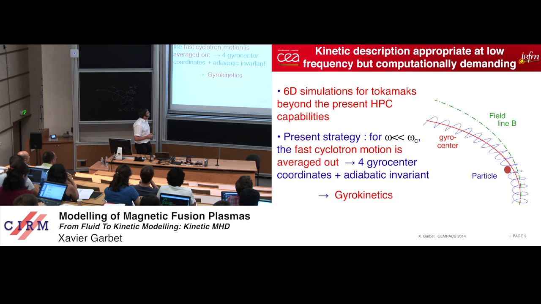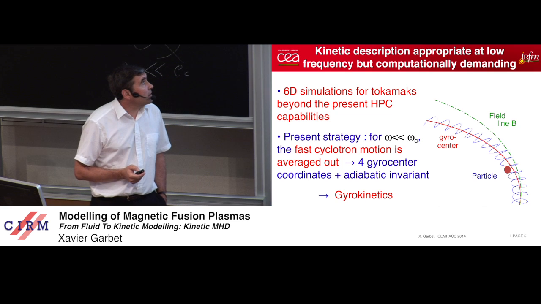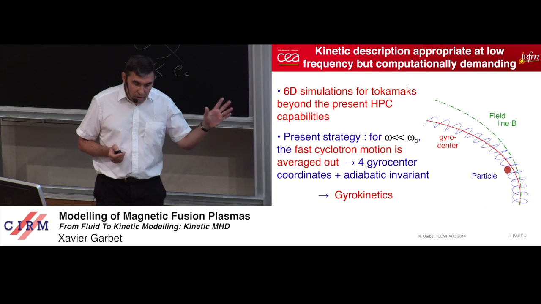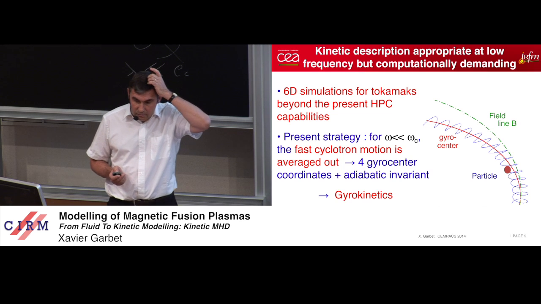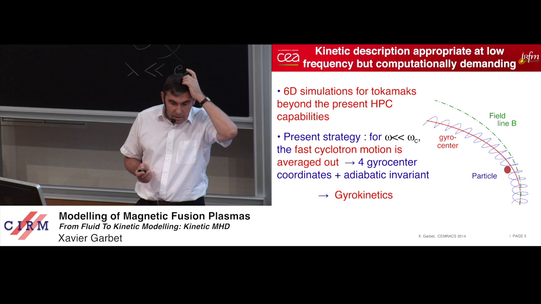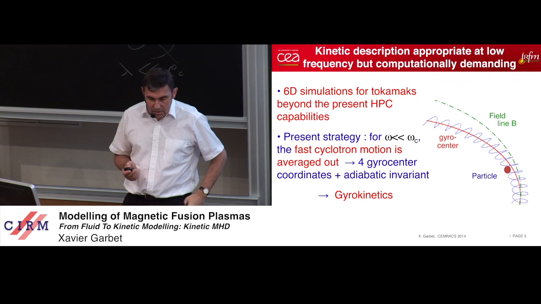In that case, you can gyroaverage, or average, this kind of operation. You can average your kinetic equation and find the so-called gyrokinetic equation, in which basically you forget about the cyclotron phase, although it in fact is still there. You don't lose this information, but you average over this phase.